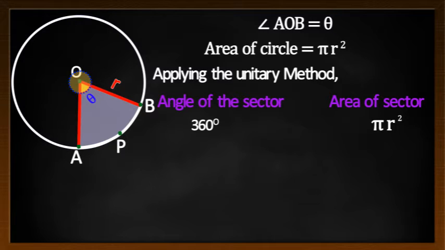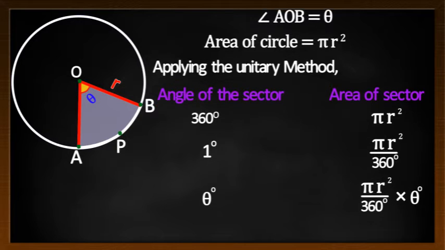So, when the degree measure of the angle at the center is 1, then the area of the sector is equal to pi r square by 360. Therefore, when the degree measure of the angle at the center is theta, the area of the sector is equal to pi r square by 360 into theta.